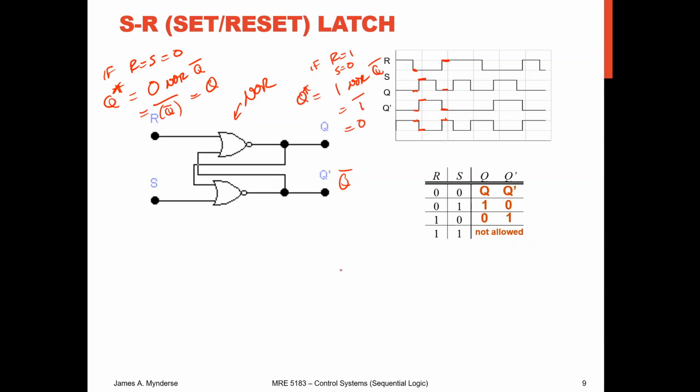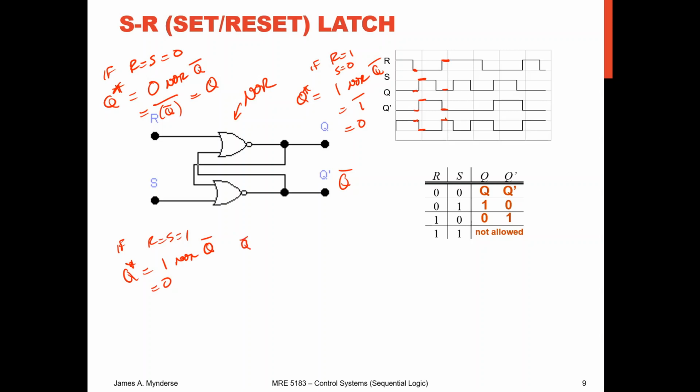So you can work through this sort of thing, but if you try the case of R and S both being 1, you're going to get weirdness. If R and S are 1, then the next state Q star is going to be 1 NORed with not Q, which is going to be 0.